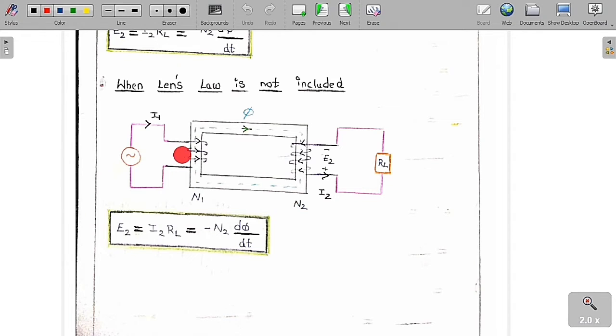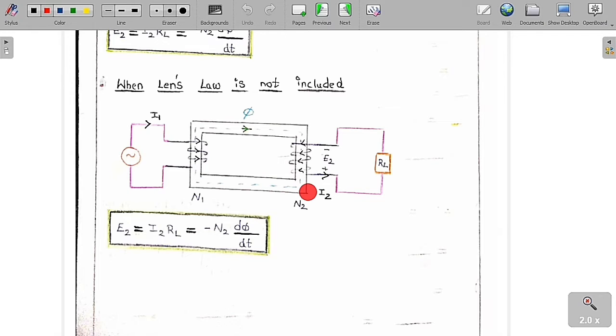If one dot is positive, the other dot is positive. If one dot is negative, the other dot is negative. So listen carefully, dots are very simple. For a particular dot, just send the current into the dot, find the direction of the flux produced by that coil, and make a circle. In the other coil, assume somewhere a dot is present and inject the current.